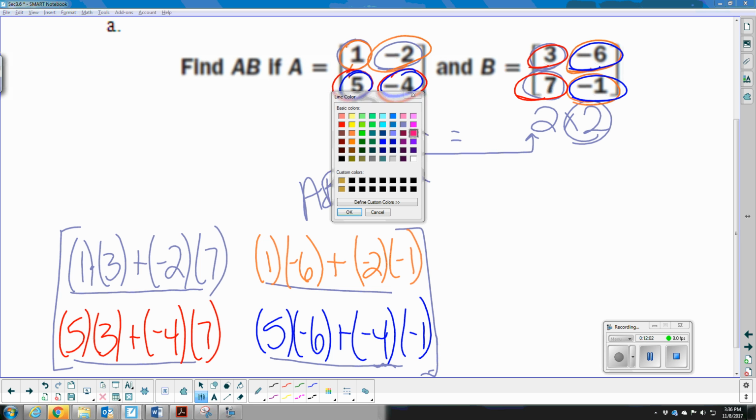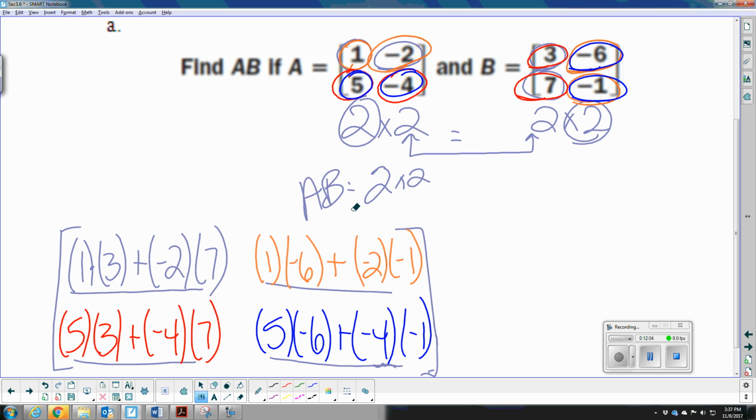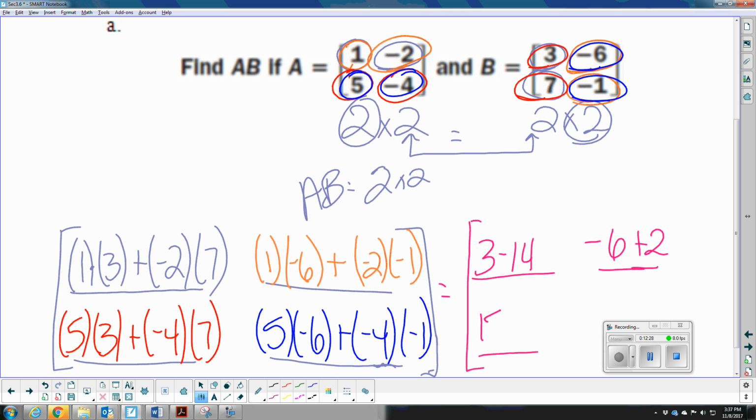All right, so now if I simplify this, I've got negative 11, and we can simplify it even further, but this is my first element. And then my second element is negative 6 plus 2. Third element is 15 minus 28.